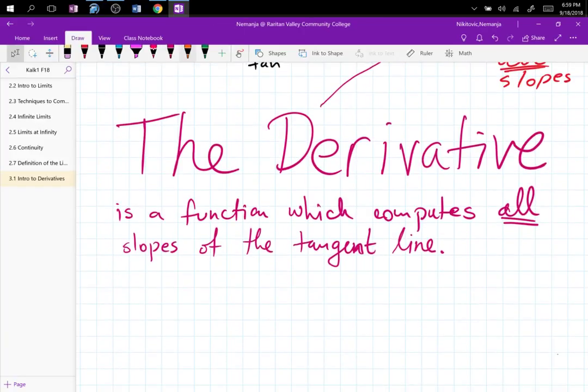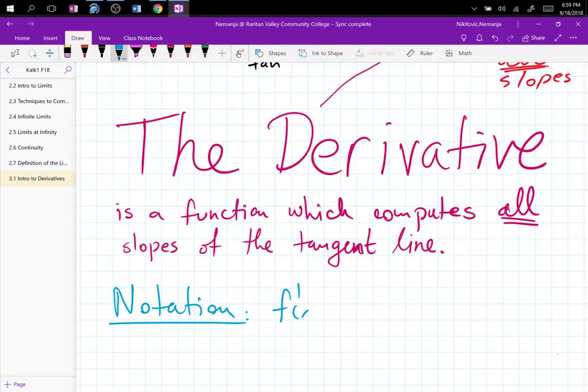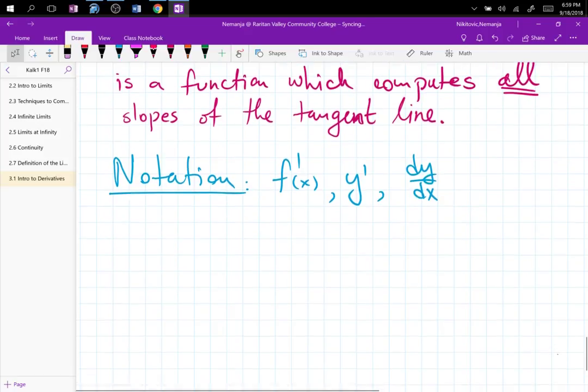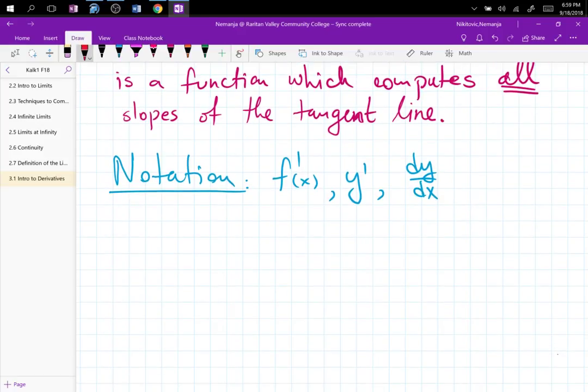Notation. It is f prime of x or y prime or dy dx. There are more, but these are the ones that are mostly used.